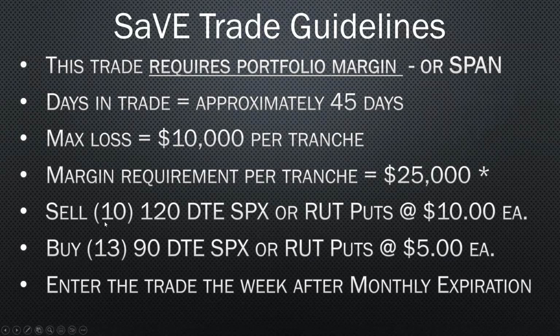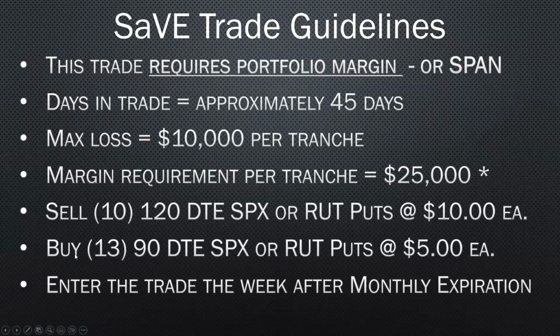So we're going to sell 10 of those, and we're going to try and get about $10 for each one of those. $10 of the SPX equates to $1,000 of credit. So that's the ratio. So when we say $10, we know that that means $1,000 in actual dollars, and 10 of those means that we would bring in $10,000 of credit.